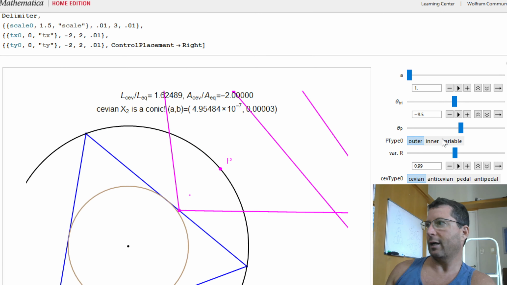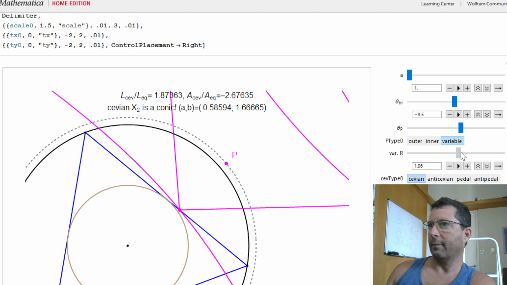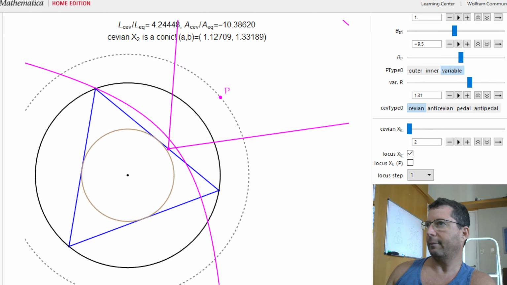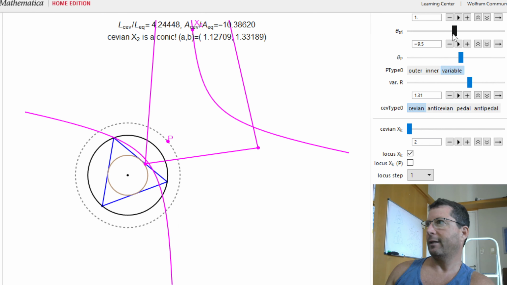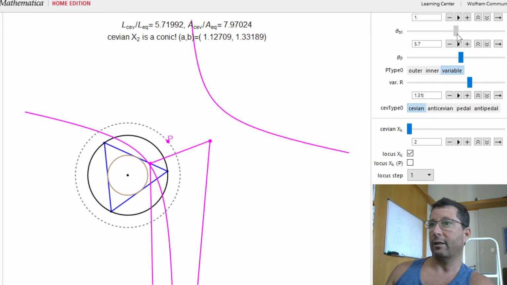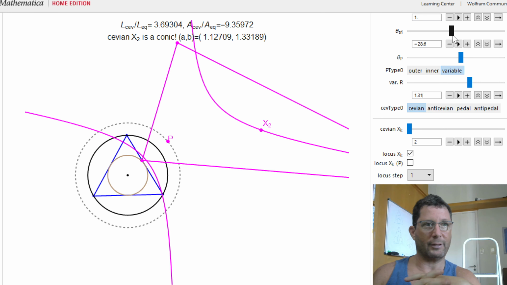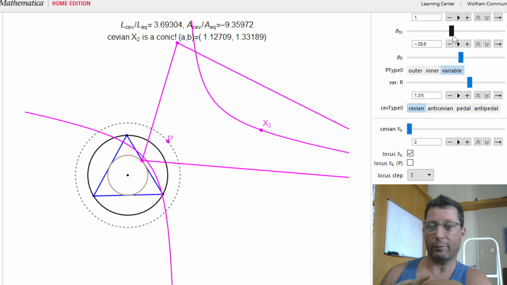And then outside of the circumcircle, it is a hyperbola. So this is the story behind the conic loci of x2, which are invariant over affine and probably projective transformations.